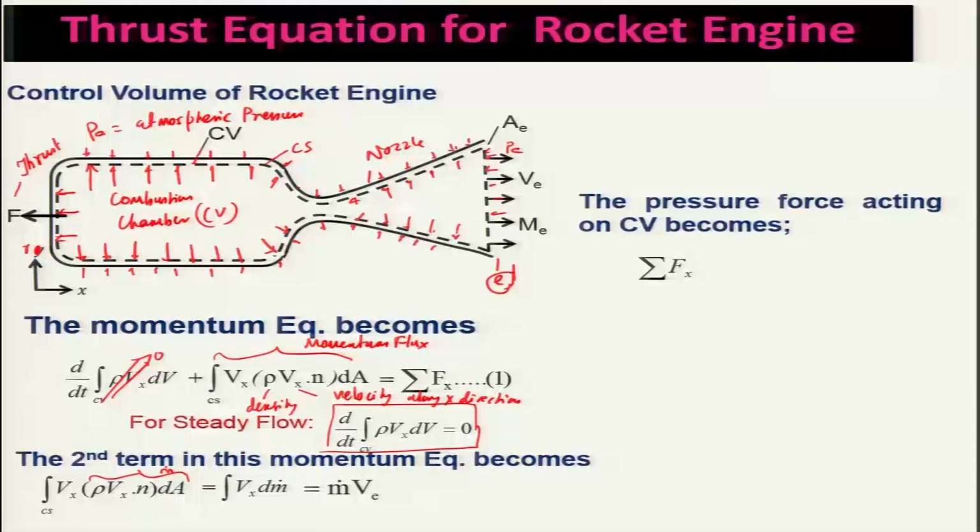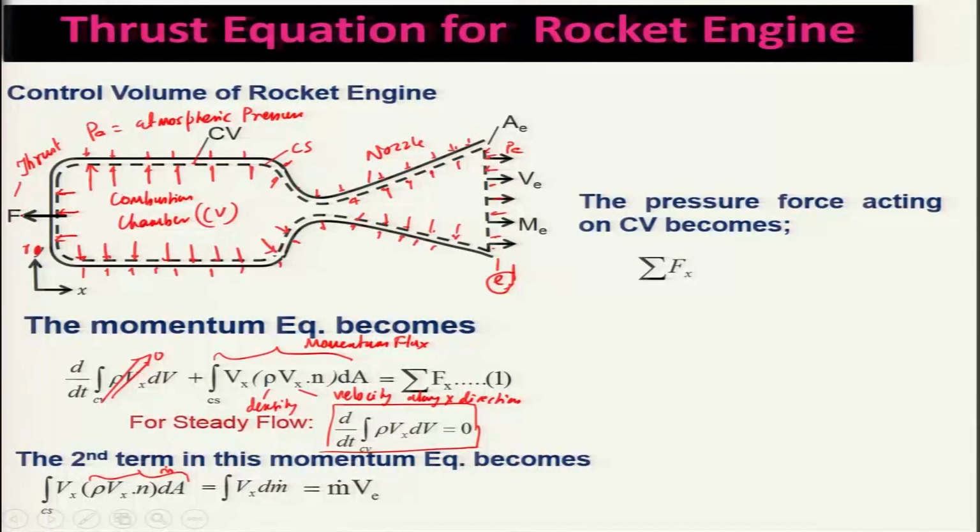If you take a free body diagram, it will be balanced, and there is also P A acting at the exit, and also on all the other sides of this rocket engine.